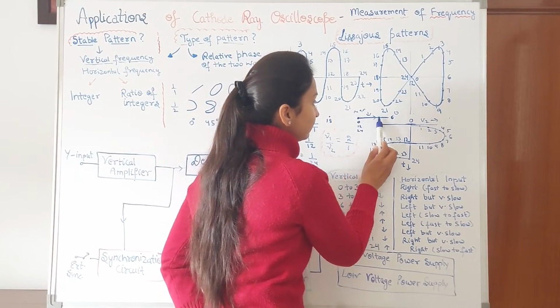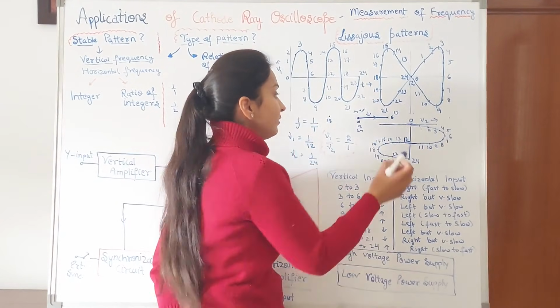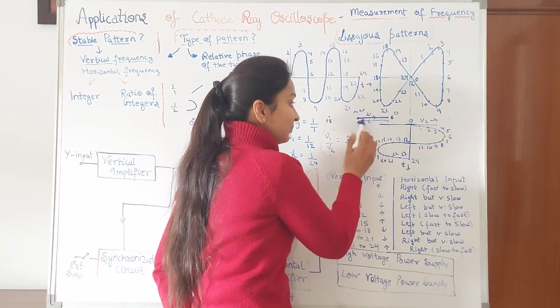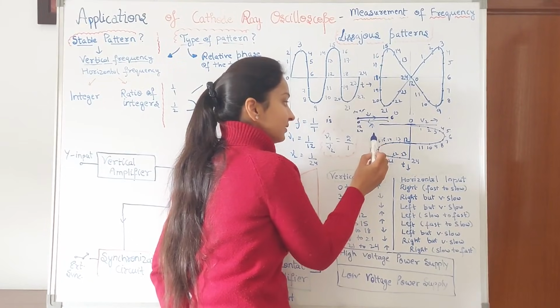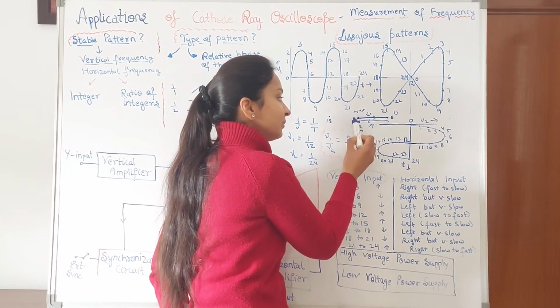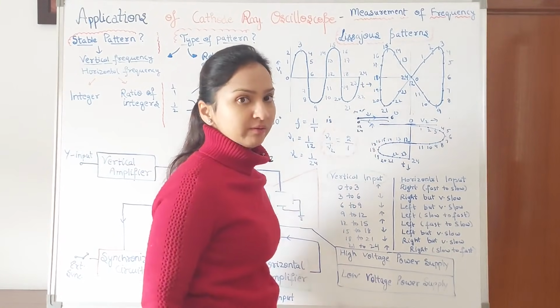Maximum, decreasing, finally 0. And now when we move from point 6 to 12 like this, the speed will tend to increase from 0 and gradually it will increase and become maximum at point 12.